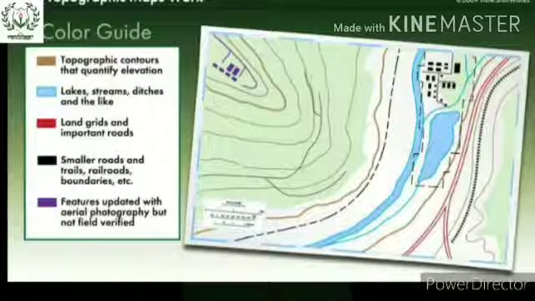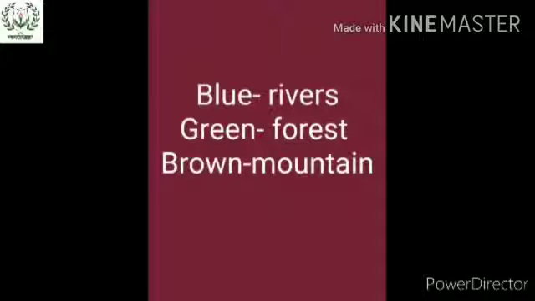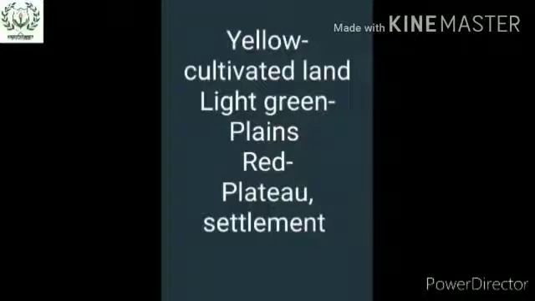Plains or lowlands are shown in light green or yellow. Forest we show with green color. Mountains, hills, desert, we show with the brown color. And red color is for plateaus.